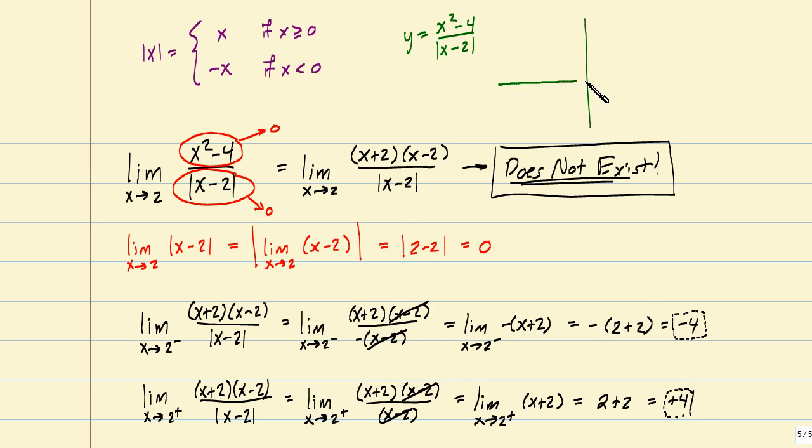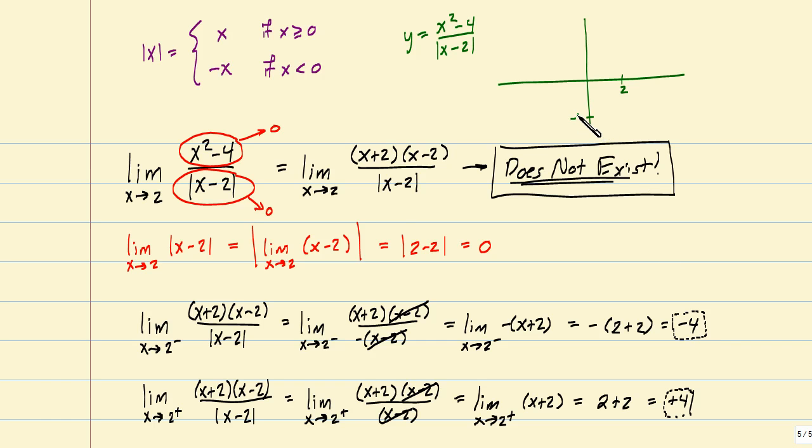We have a graph, and I'm considering what happens as x approaches 2, so let me mark that. And this says, as I approach 2 from the left, the height of the function is getting arbitrarily close to -4.